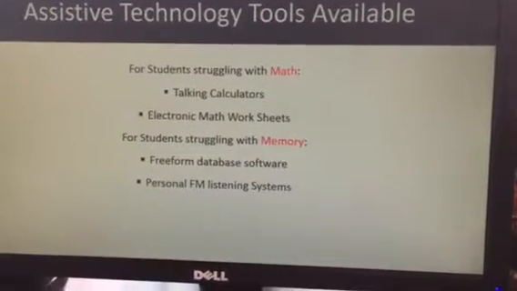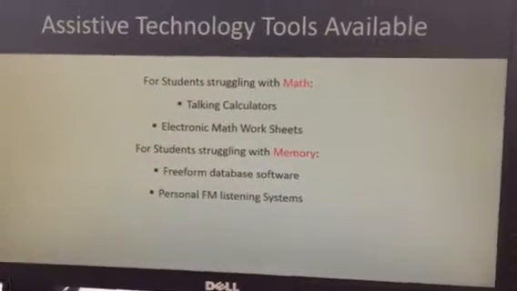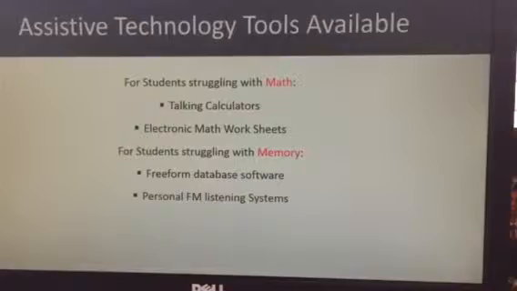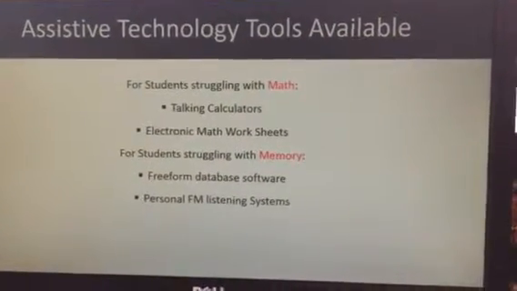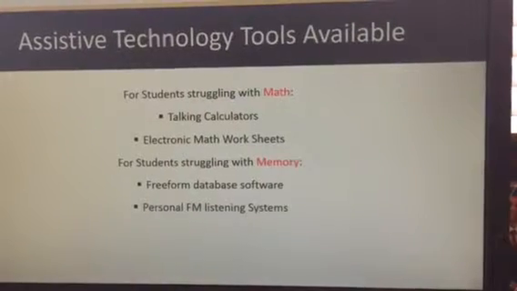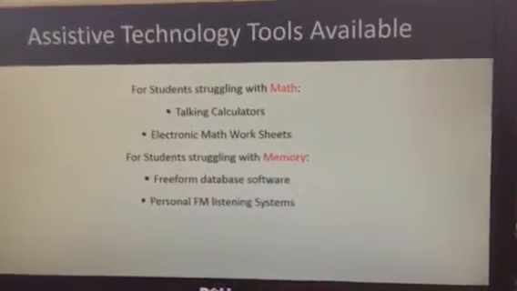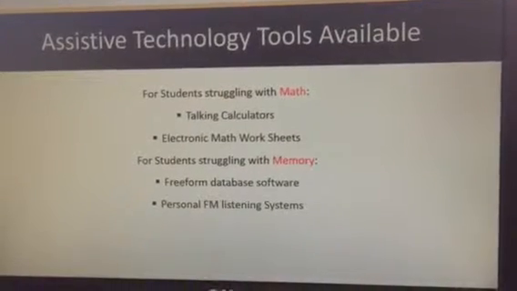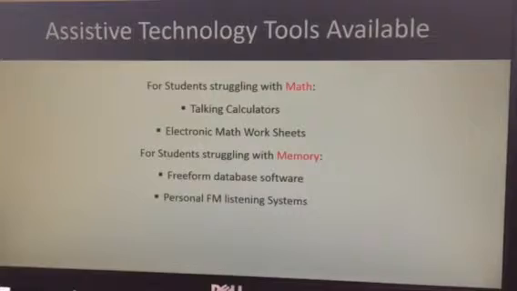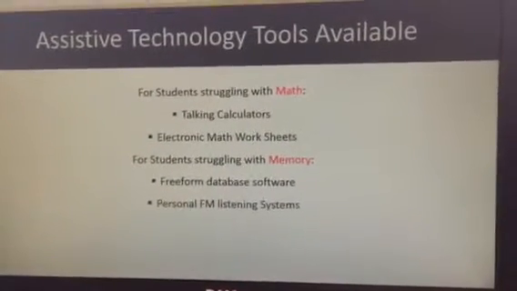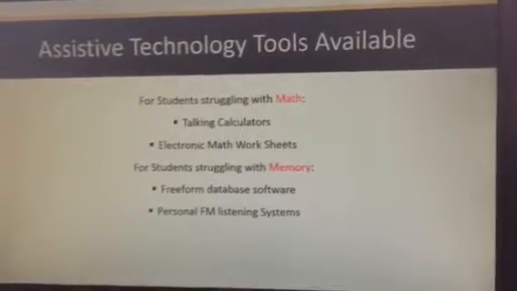Okay, freeform database software. It's used in conjunction with word processing and other software, and this tool allows users to create and store electronic notes by jotting down relevant information of any length on any subject, and they can later retrieve the information by typing any fragment of the original note.